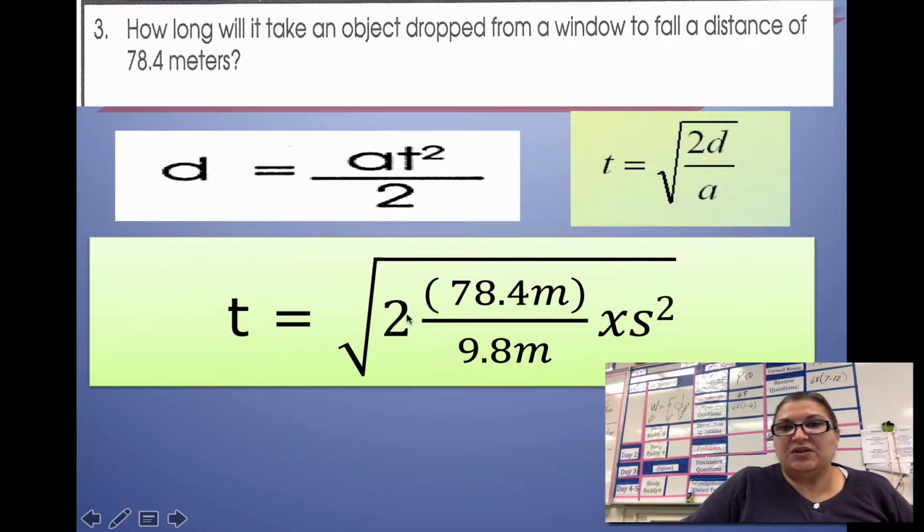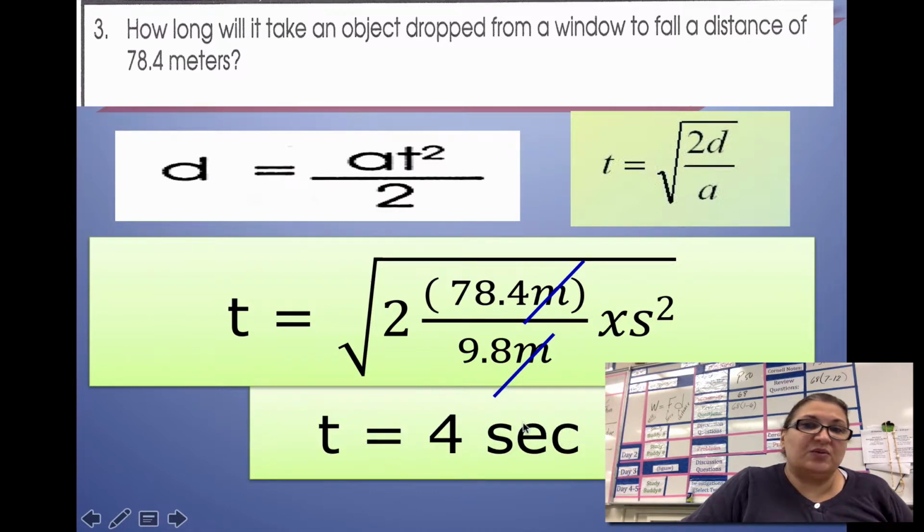So t equals the square root of 2 times the distance, which is 78.4, divided by the acceleration, which is 9.8 meters per second squared. Now the meters will cancel out and we have seconds squared. When you take the square root of seconds squared, you end up with seconds.